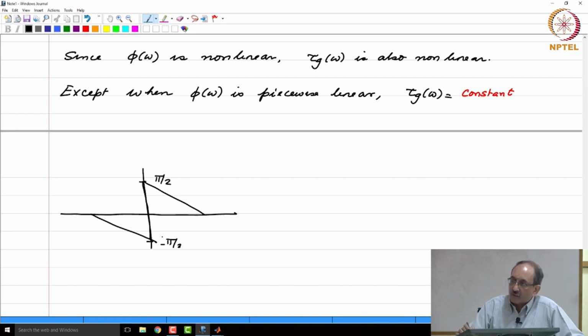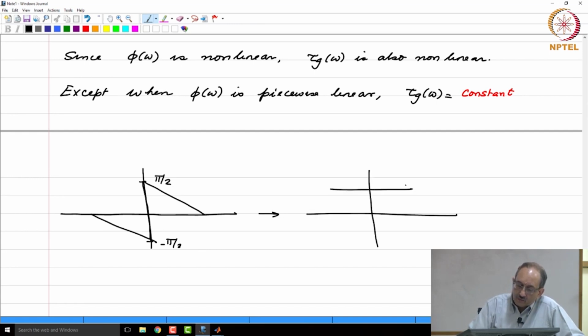But even in this representation, if you differentiate this, this will give you a constant group delay, but at omega equal to 0, you will have an impulse because of this discontinuity, and this might cause some worry, saying, well, there is an impulsive component to the derivative.